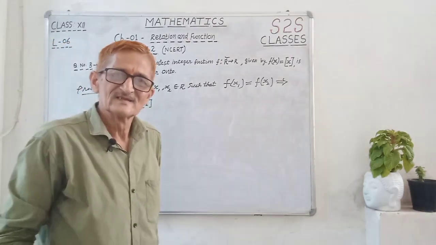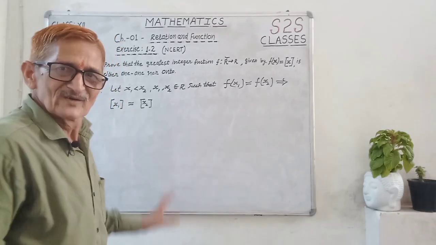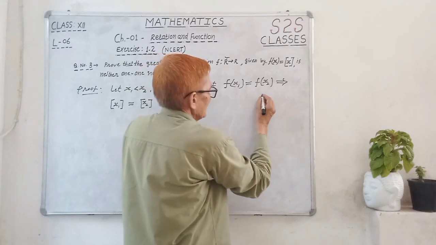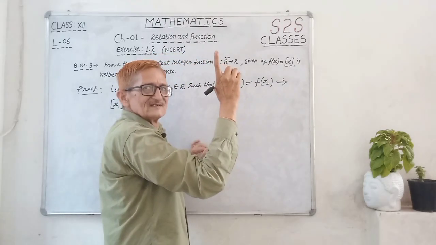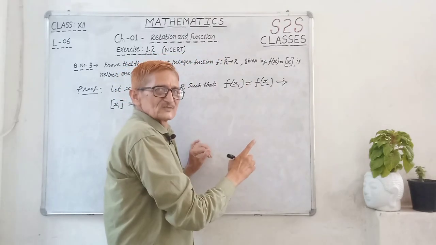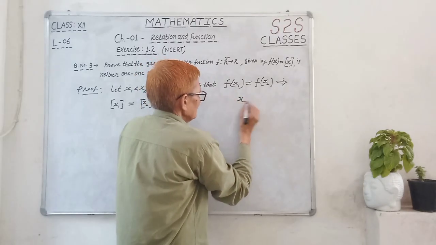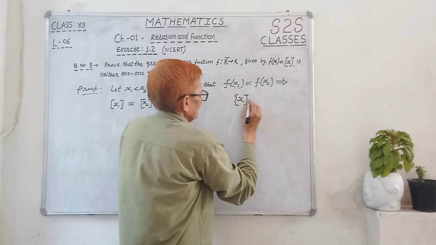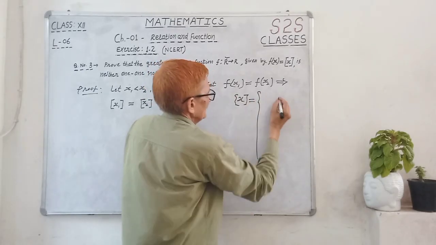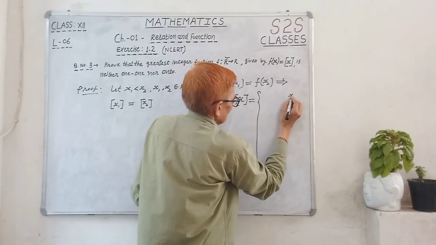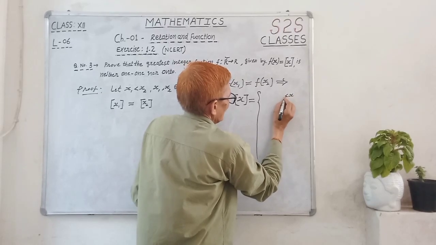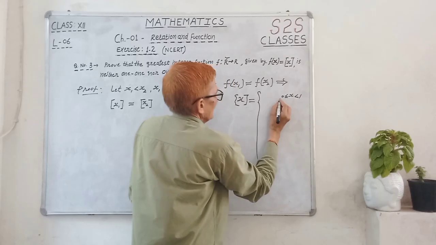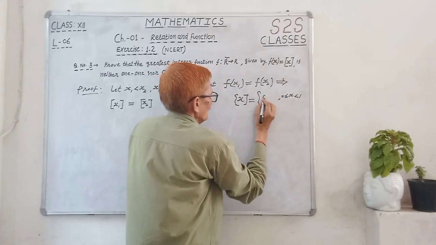Now understand this. The greatest integer of x1 value, we know the greatest integer definition from plus 1. I want to explain that the greatest integer of x: if x is greater than or equal to 0 and less than 1, then this value is 0.